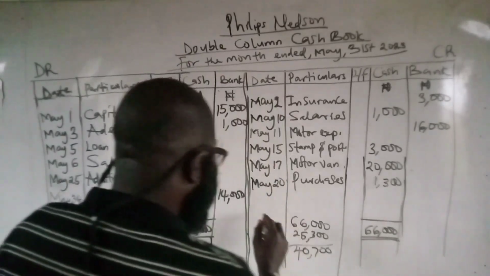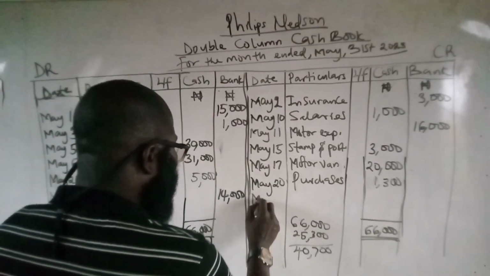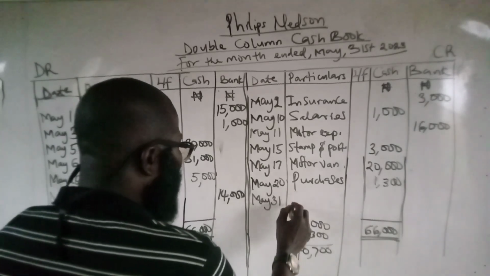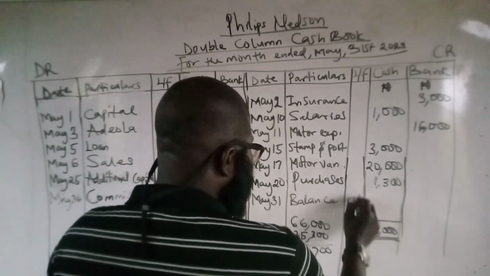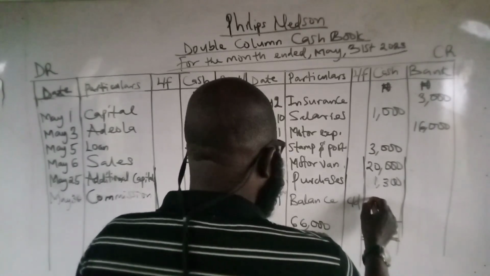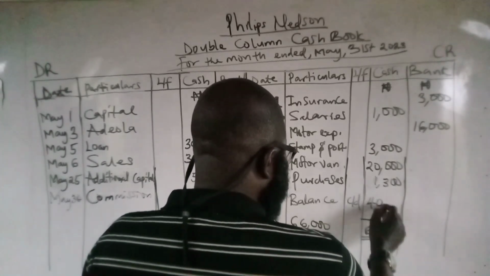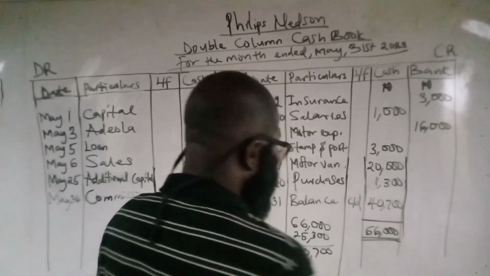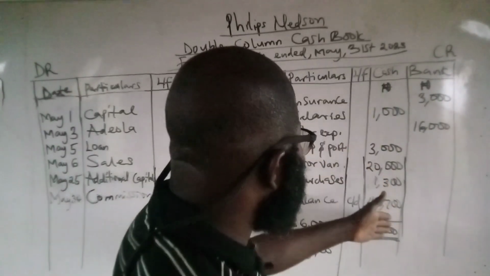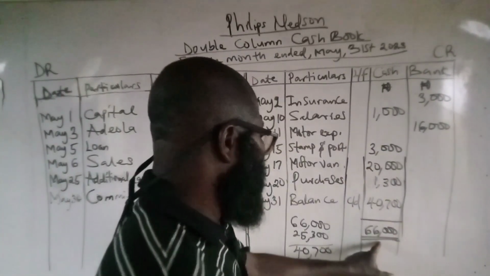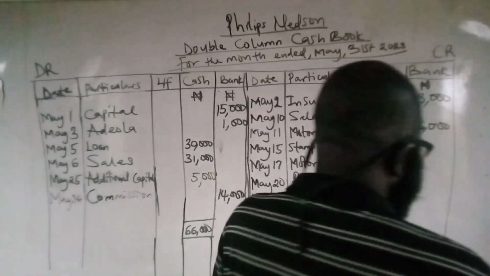Then you come here, write May 31st, balance carry down. Then we have it for 40,700. By the time you add 40,700 plus all these figures, you are going to have 66,000 naira.